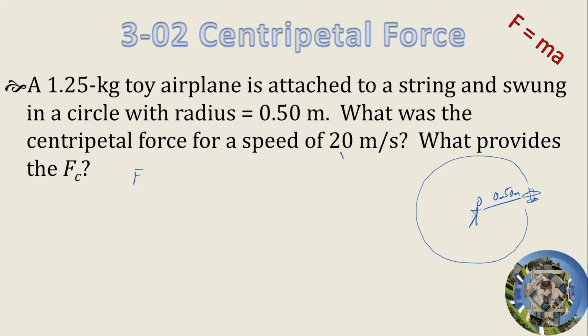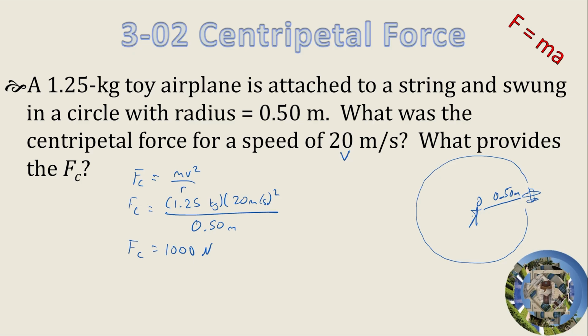Well, since I have speed or velocity, linear speed, I could say the centripetal force is mv squared over r. Plug in the numbers and run it through the calculator, and we should end up with 1,000 newtons.